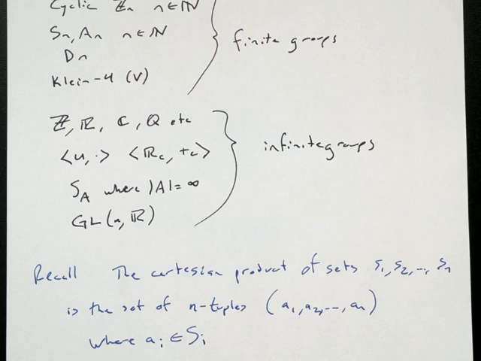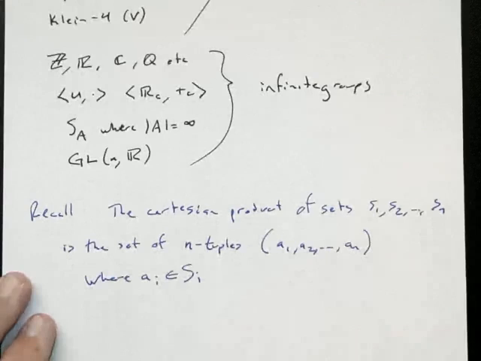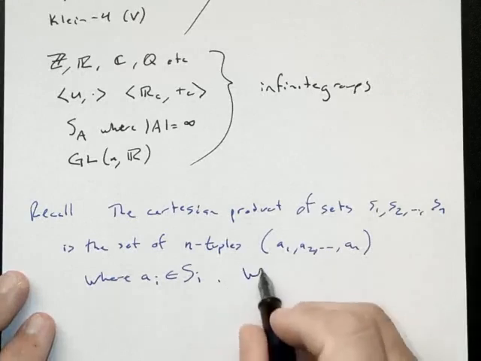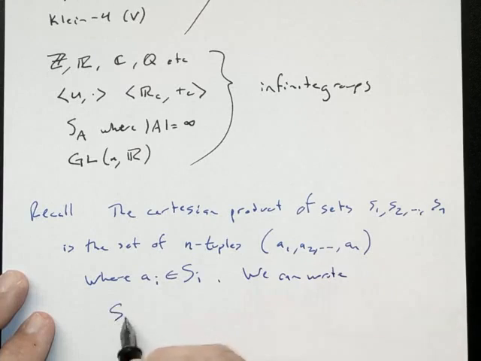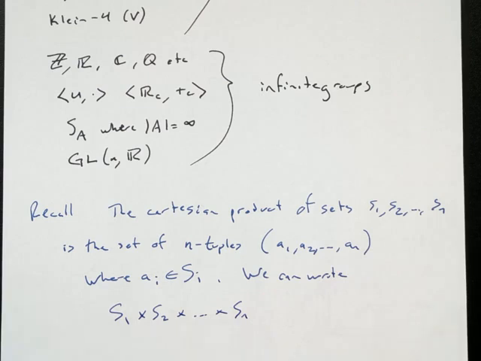S1 through Sn are my groups. A1 through An are elements where each of those Ai is an element of the set Si. Usually, we write this as a product, S1 cross all the way through to Sn.